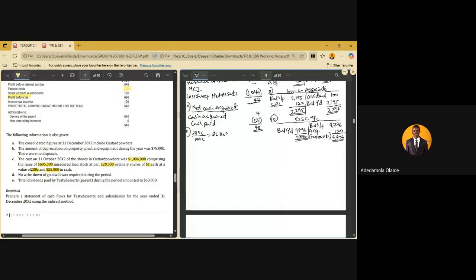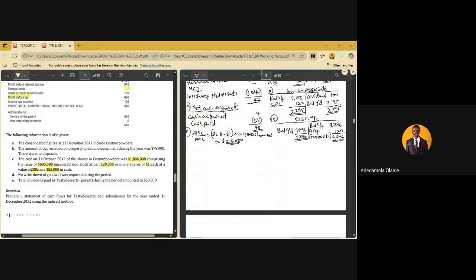So if it is $2.8 and the nominal value of the shares is $1, and we use that to multiply the 120,000 shares that were sold, how much would that give us? 216,000. That's what explains the 216 we have.